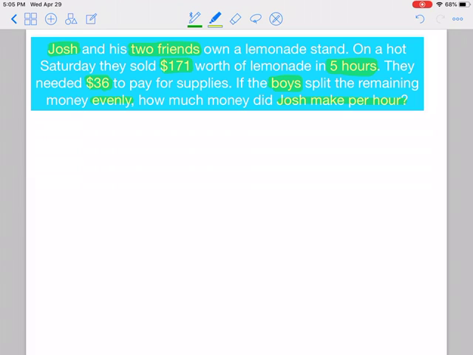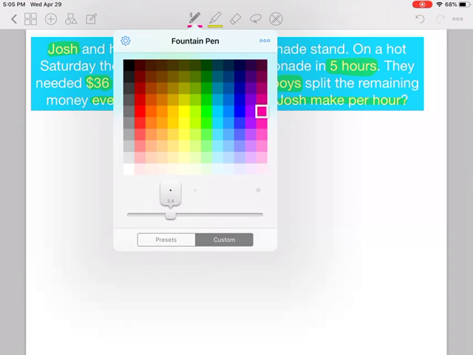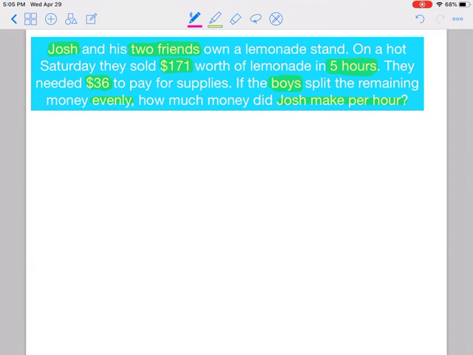Okay, so I'm going to show you what this would look like step by step, but written as one long number model. And the way I'm going to separate what you should do first is using parentheses and using different colors. So the first thing that you're going to do is you're going to figure out how much money did the boys make, right?